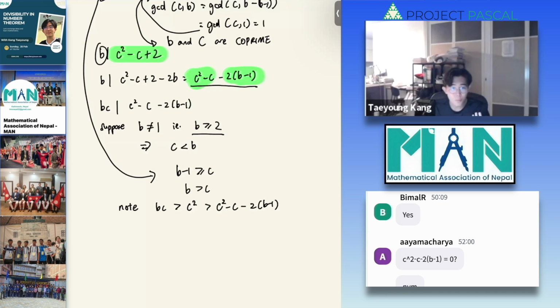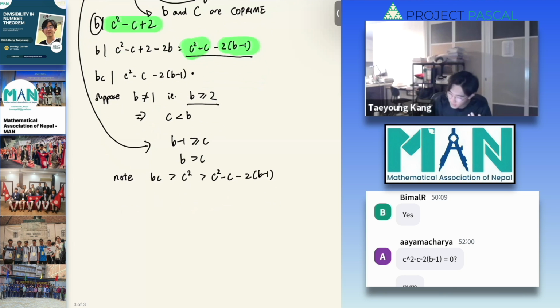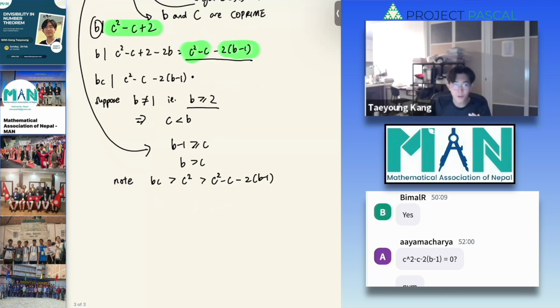So what does this mean? Firstly, this is not a negative number, right? Because in order for this to be a negative number, it implies that C squared minus C minus 2 times B minus 1 is strictly less than or equal to minus BC.